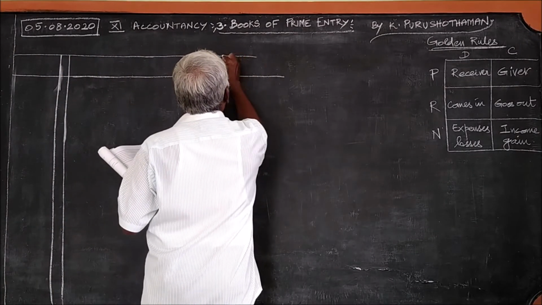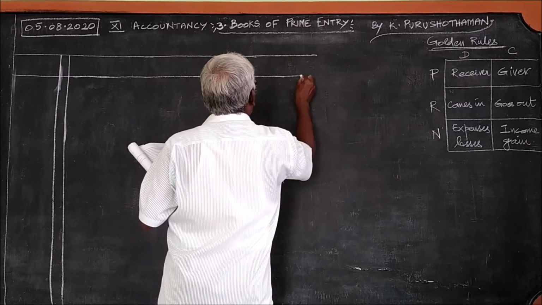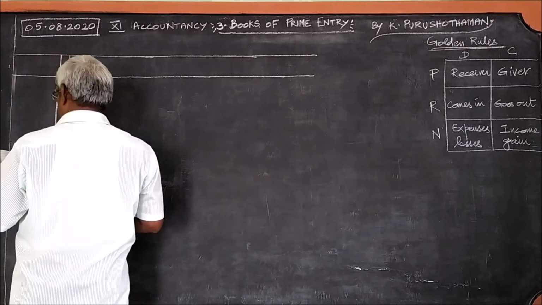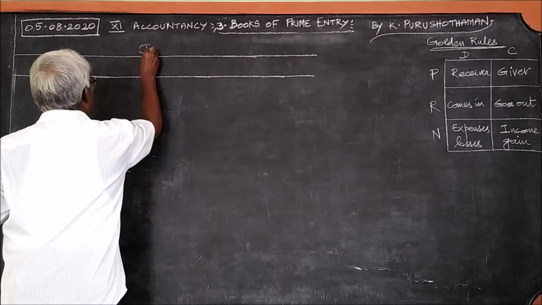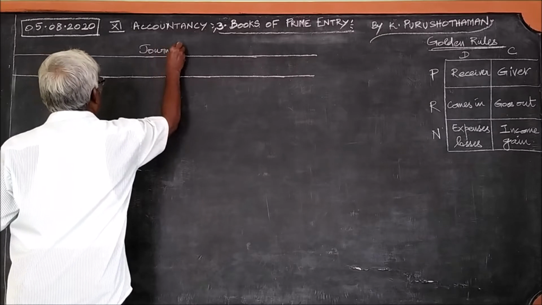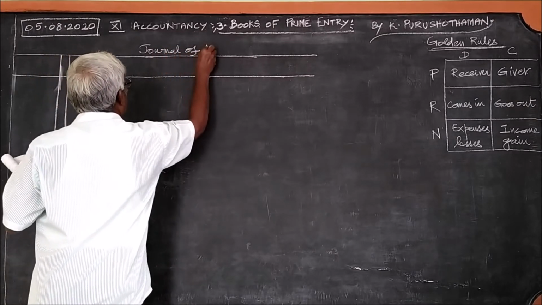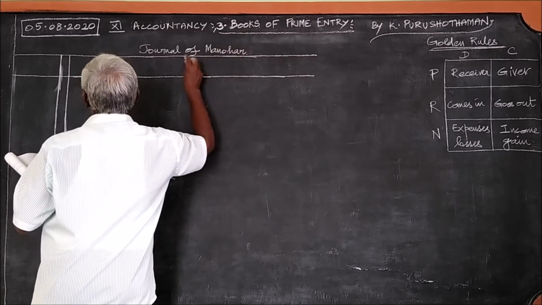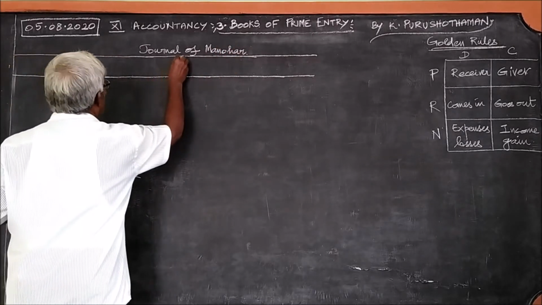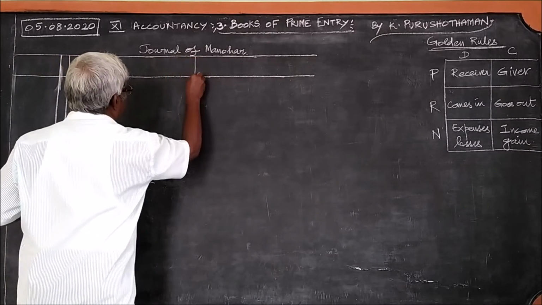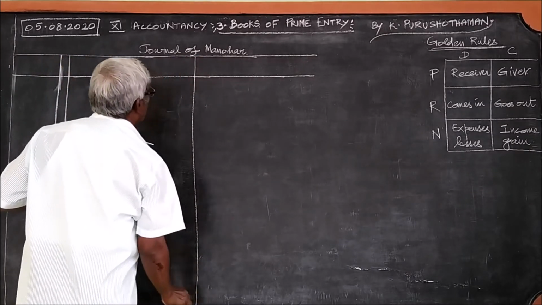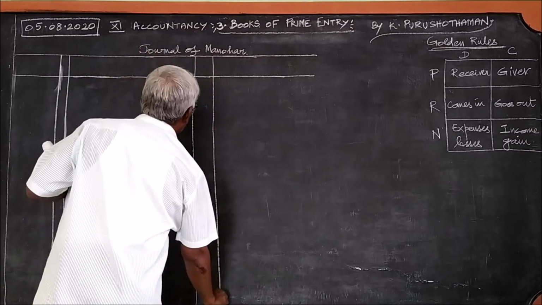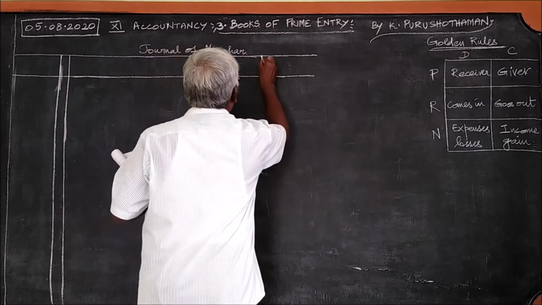Journal of Manohar. Date, particulars. Then the third column is ledger folio.